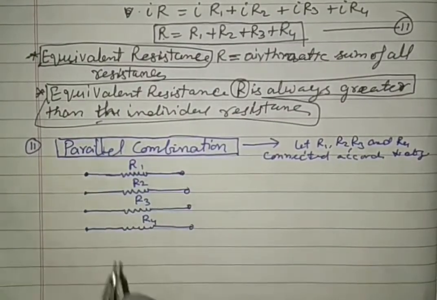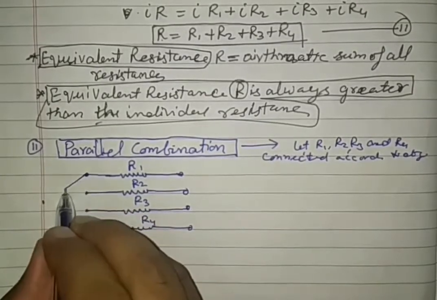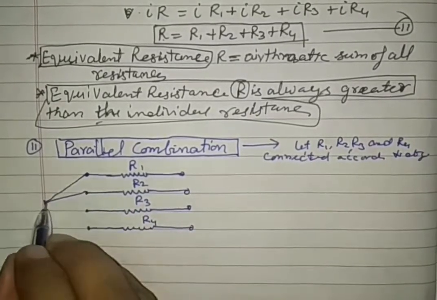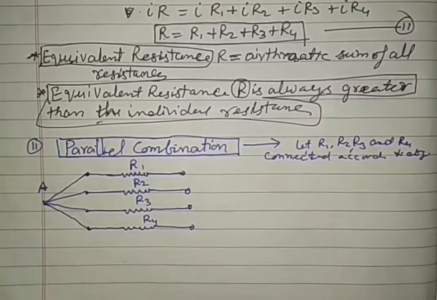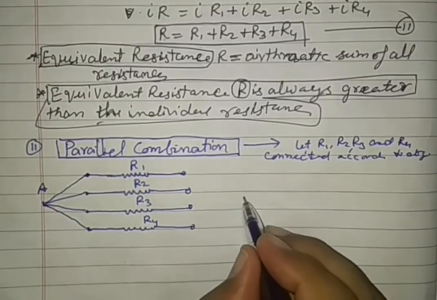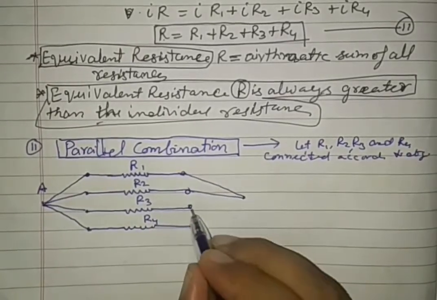Their common ends: one end is connected at one common point A, and the other end is connected with another common point.